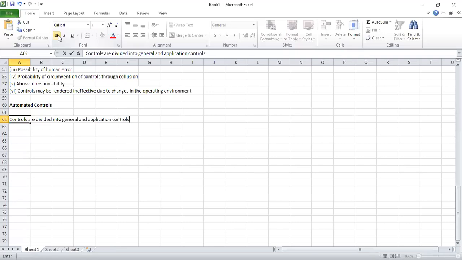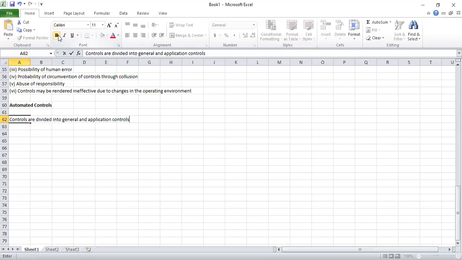When we're talking about general controls, these are controls that are in the environment of work, before you even do the work yourself, before you interact with the system. These are sort of inbuilt controls that are there prior to anything being done, prior to any processing being done in the system, prior to any input coming into the system.